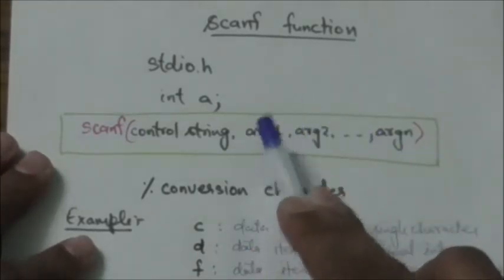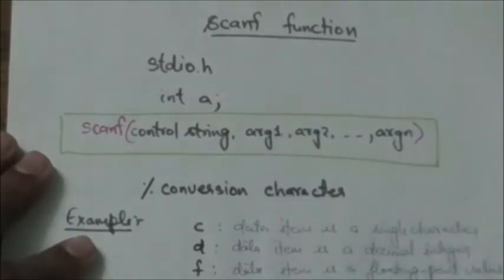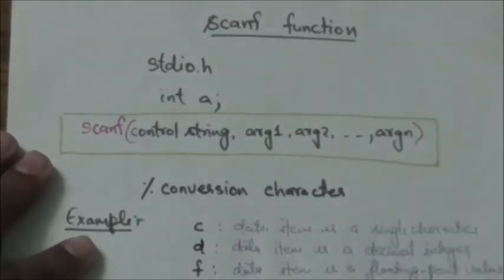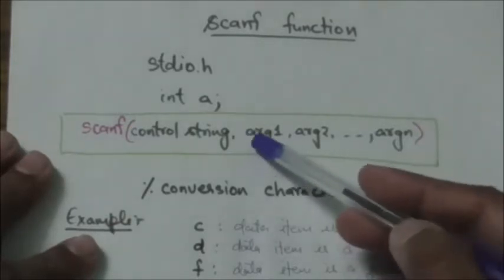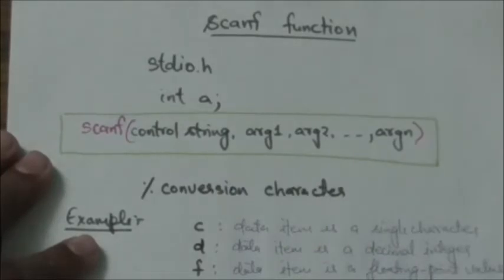These arguments are the addresses of the variables in which I want to store the value which is entered by the user through the keyboard, right? And what is this control string? This control string consists of individual character groups, and corresponding to each argument there is a character group in the control string depending on the type of argument, right?